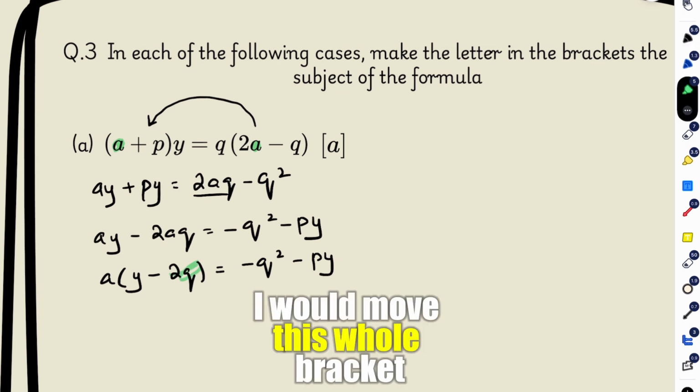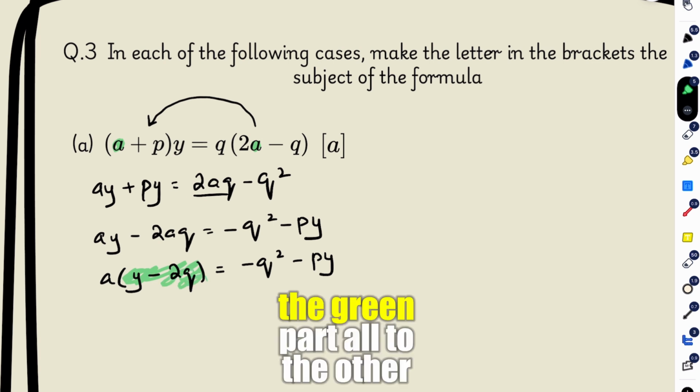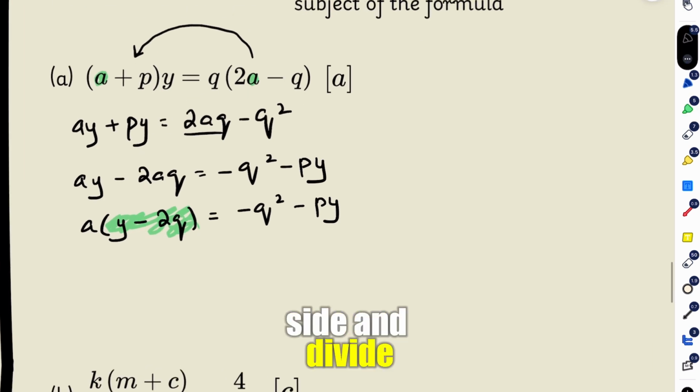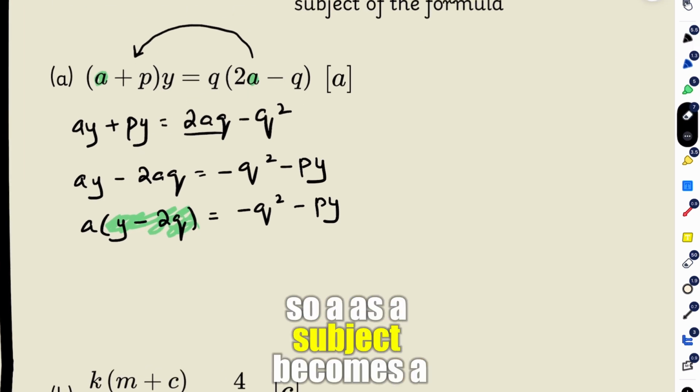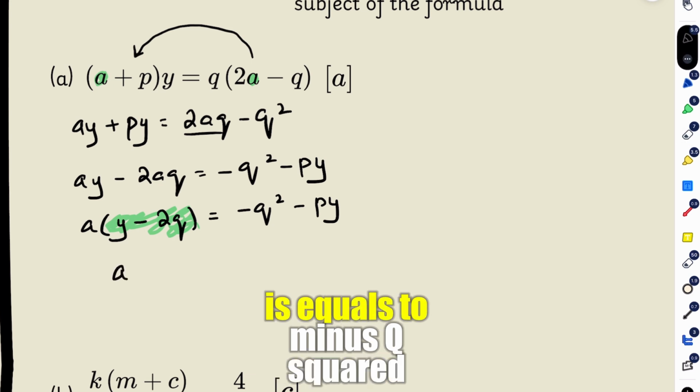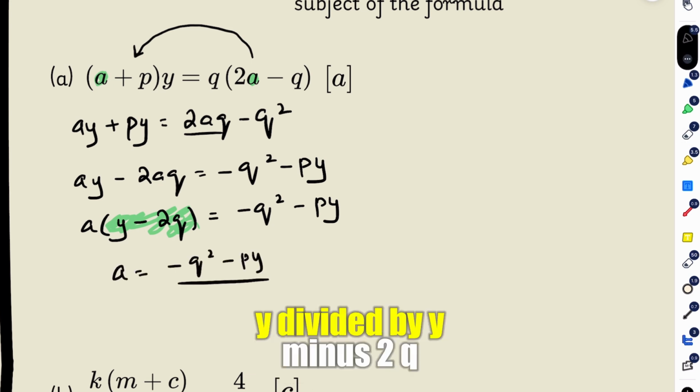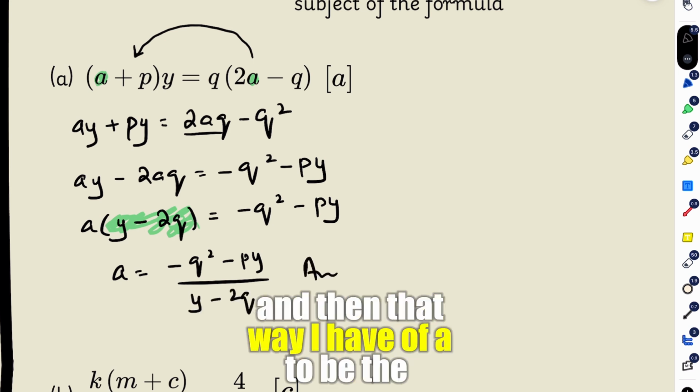I would move this whole bracket, the green part, onto the other side and divide. So a as a subject becomes a is equals to minus q squared minus py divided by y minus 2q, and that way I have A to be the subject.